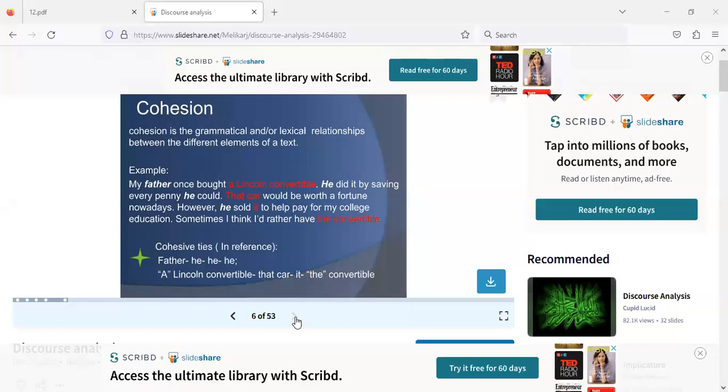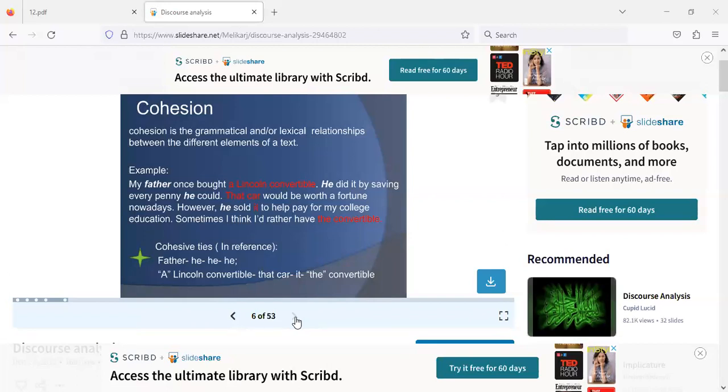There are so many, even verbs and nouns. So what are the verbs related to the term money? Worth, bought, sold.